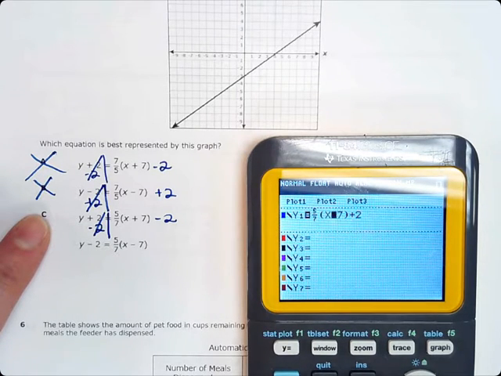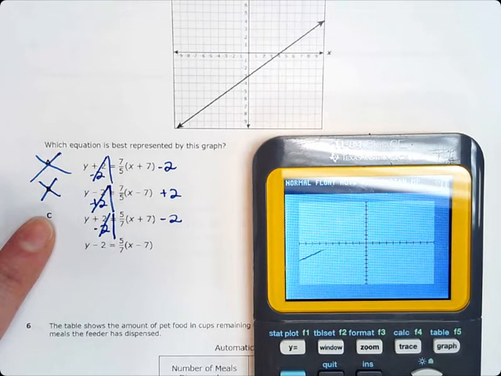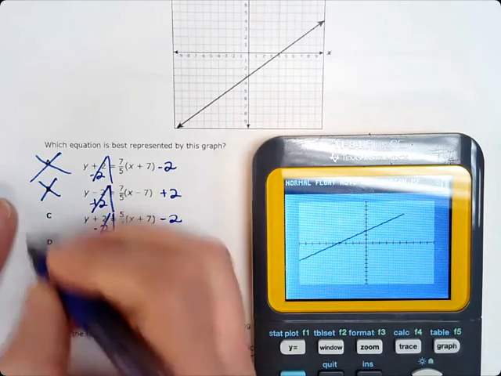So change that, and then it's plus 7 minus 2. You can clear it out and retype it in, or you can just go in and fix those few changes. Just double check your work. Graph it. Is that right? No. Nope.